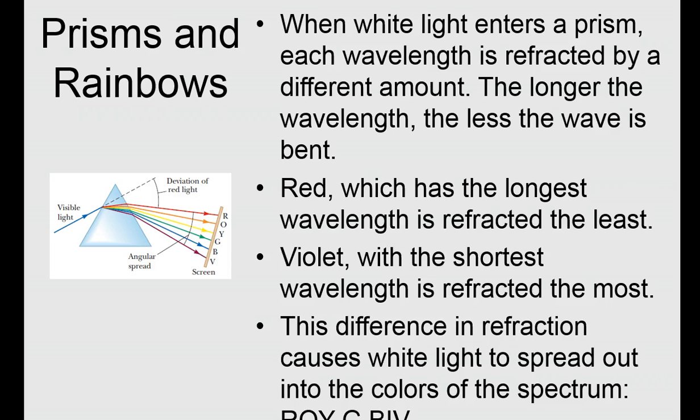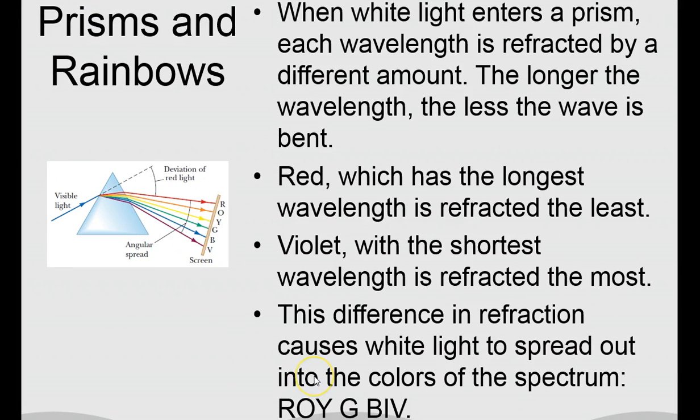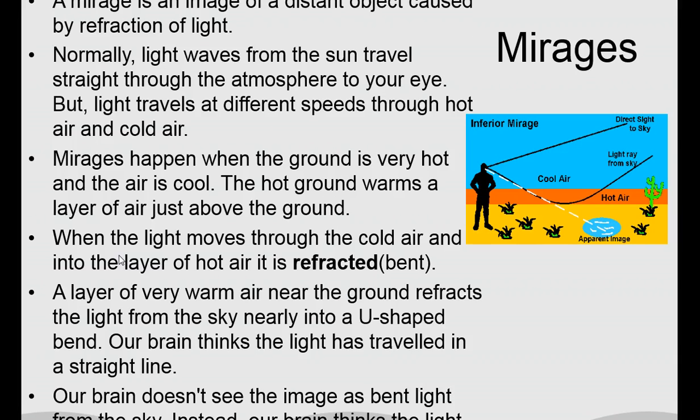For instance, red has the longest wavelength and is refracted the least, meaning it doesn't bend that much. Violet, at the end of the visible light spectrum, has the shortest wavelength, which means it's bent the most. The difference in refraction causes white light to spread out into the colors of the spectrum when it hits a prism.